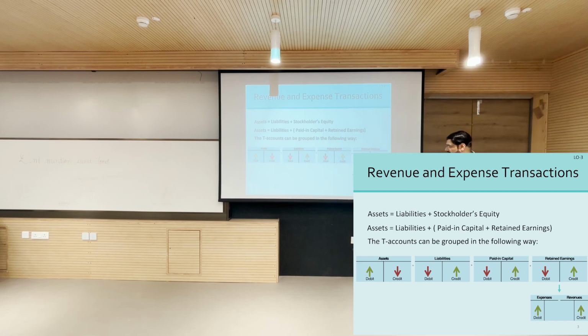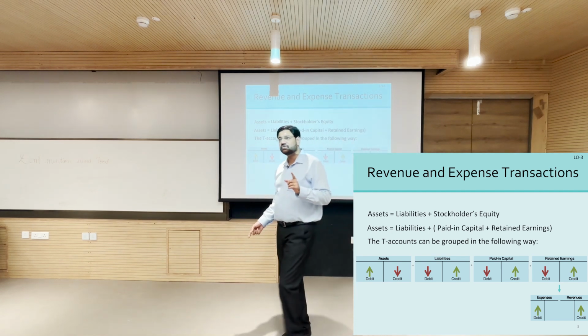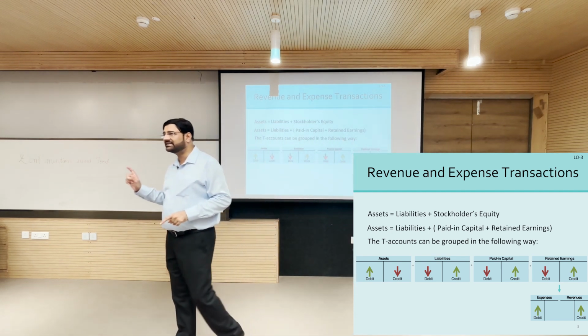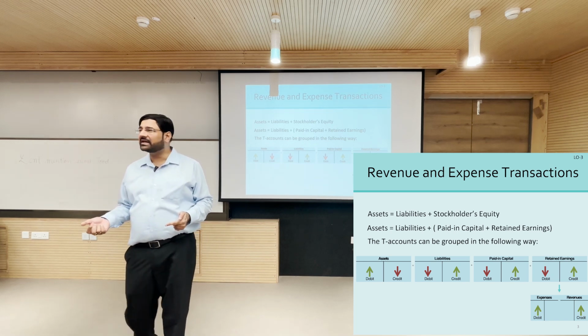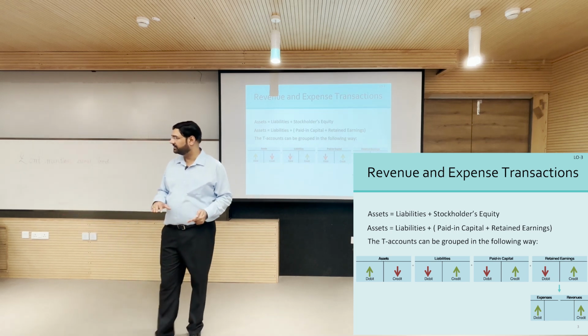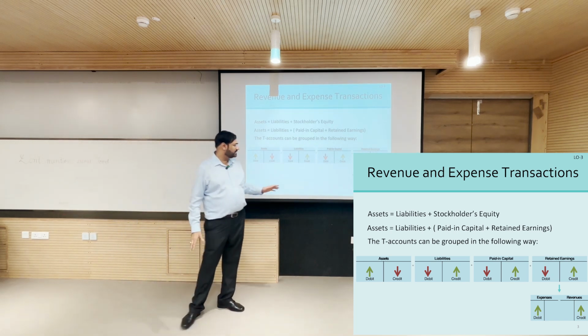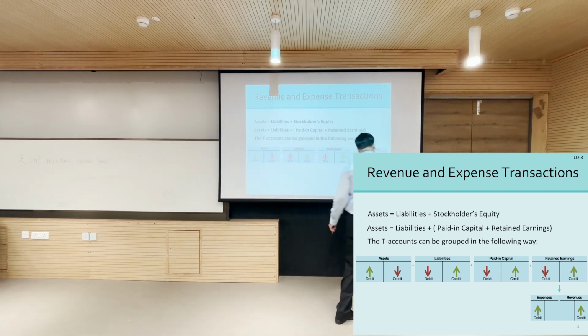Expenses. When expenses rose, were retained earnings moving up or down? Down. So, revenues are moving in the same direction as retained earnings, expenses are moving in the opposite direction. Are you getting that? So, if increase in revenues is credit, and retained earnings is credit, then increase in expenses is what? Debit, it is moving in the opposite direction.